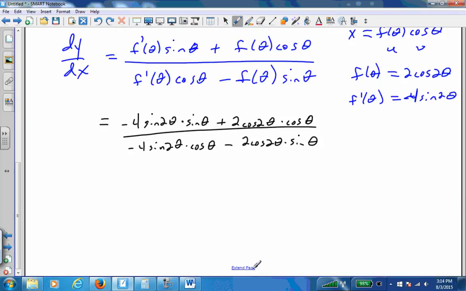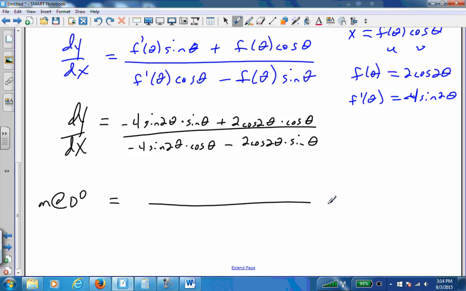So we said let's check the slope at 0 degrees. At 0 degrees, cosine is 1, sine is 0. So sine is 0, so we get 0 for this term.